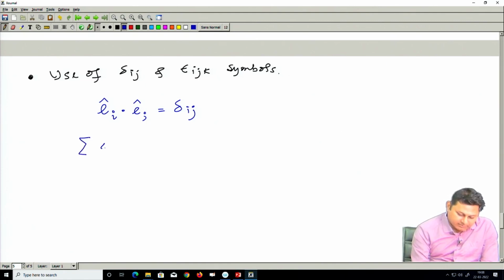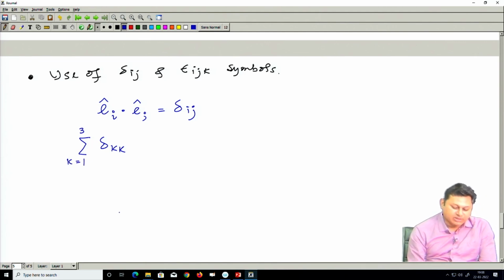Also another thing, for example, delta kk summation, k can take the value 1 to 3, this is a dummy index and takes 1 to 3. According to Einstein notation, I can remove the summation sign because we have a repeated index. So, simply delta kk. So, what should be the value of this quantity? k can take 1, k can take 2, k can take 3. So, it should be 1 plus 1 plus 1. So, it should be 3.